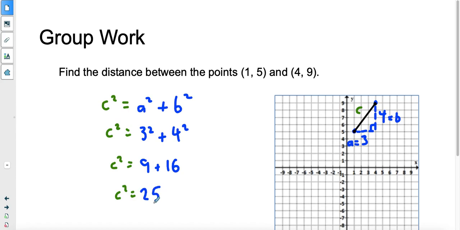And to get c by itself, I need to take the square root. The square root of 25 is 5. So that means the distance between the points (1, 5) and (4, 9) is just 5.